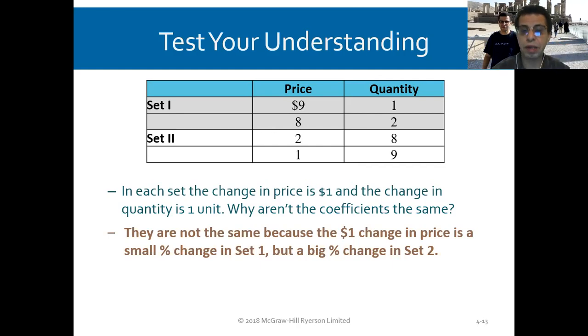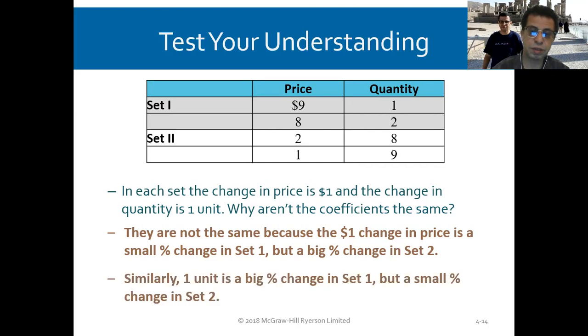So the change in the price is very small versus very large, and the reaction is different. And similarly, 1 unit is a big percentage change in set one, but a small percentage change in set two.